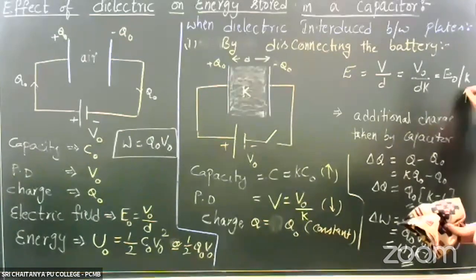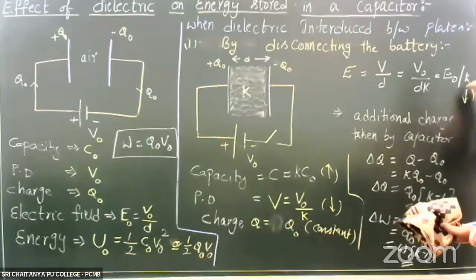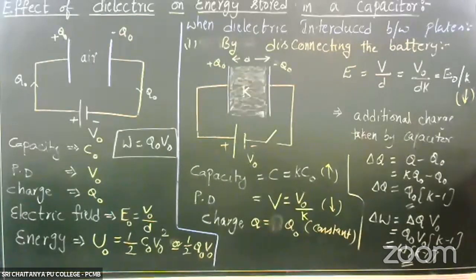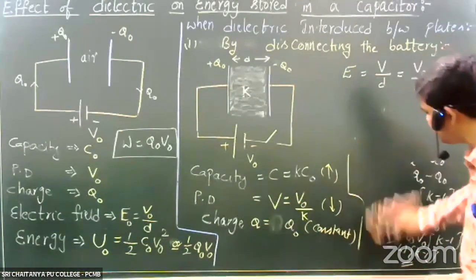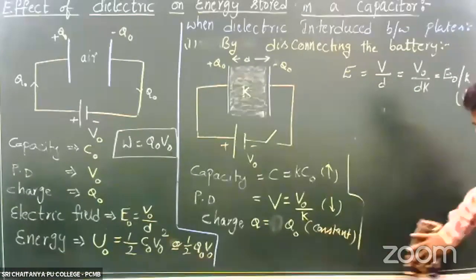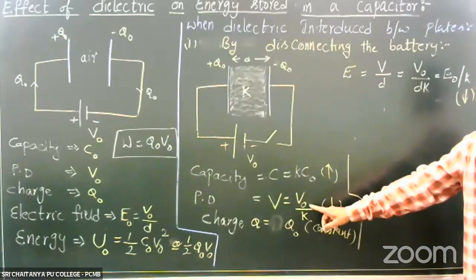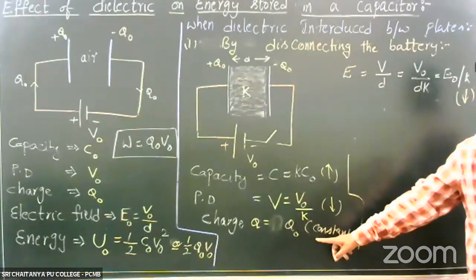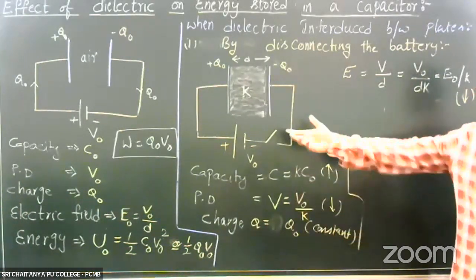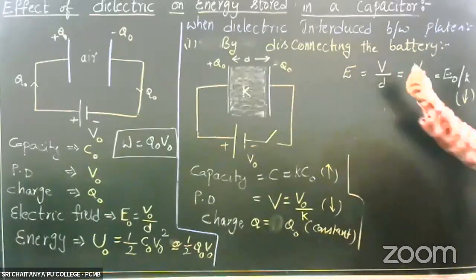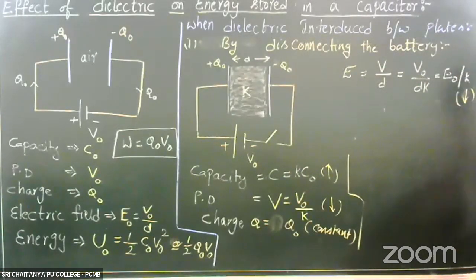So the electric field also decreases. Then what happens to energy? Capacity increases, potential decreases, charge remains the same because there is no source in connection, electric field decreases.